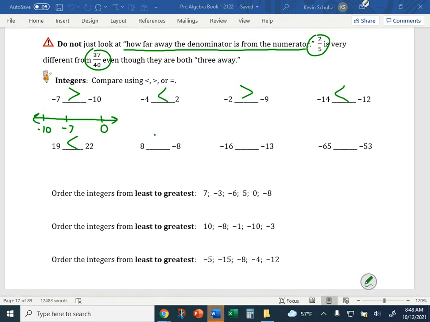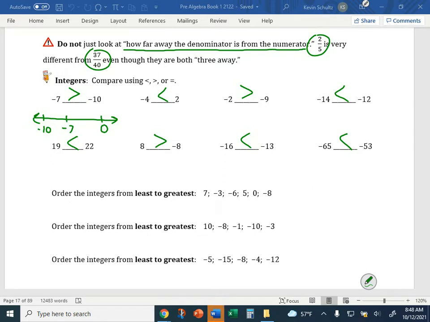Greater than -8. Any positive is greater than any negative. -16 is Sophie. Less than -13. It's further to the left on the number line. And -65 is Carter. Less than -53. It's further to the left on the number line.